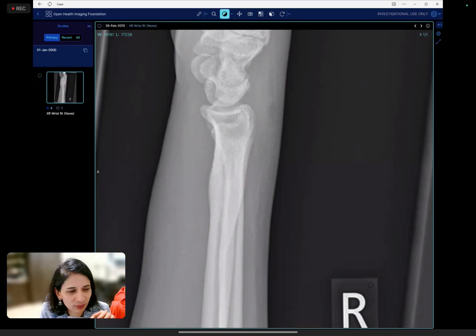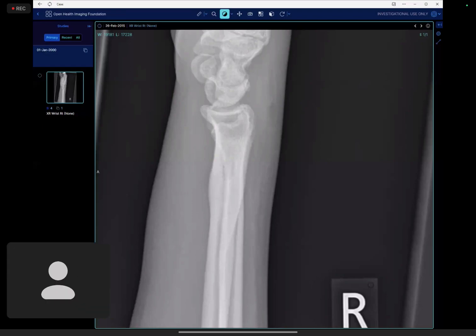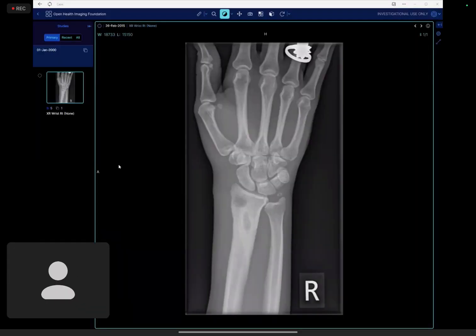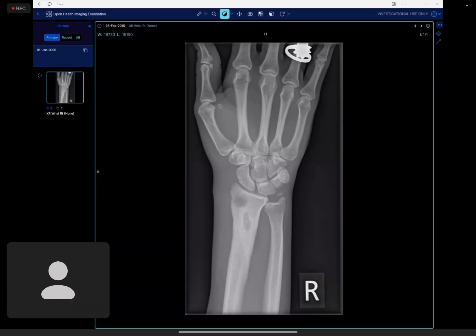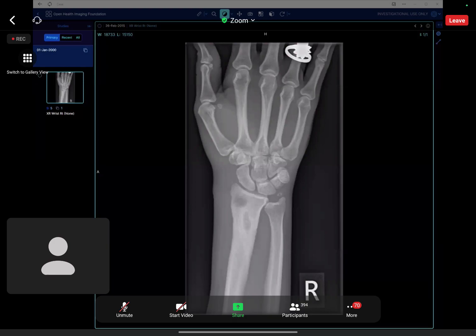Okay. And if they have pain associated with it, and they are unwell, then I would think of an infective process.